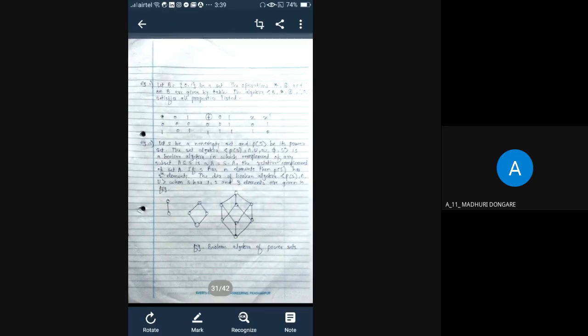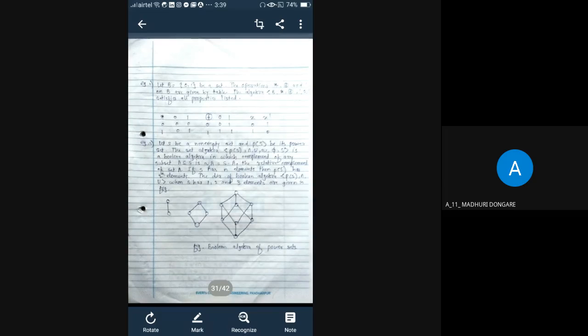So likewise, we can give examples of Boolean algebra. They may ask you a question like give examples of Boolean algebra for 4 marks. At that time, you have to give any one of these examples.